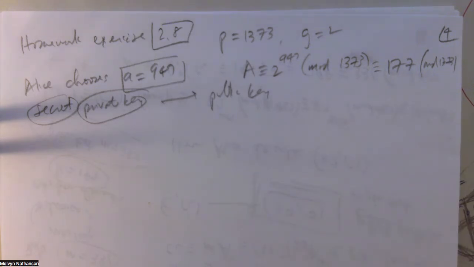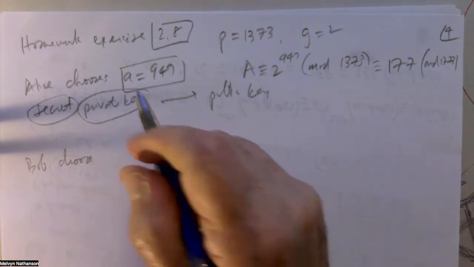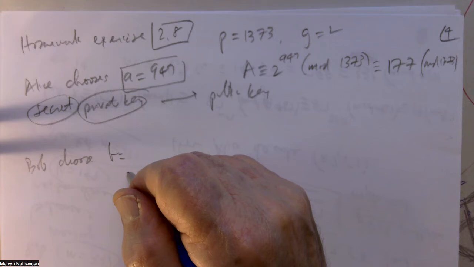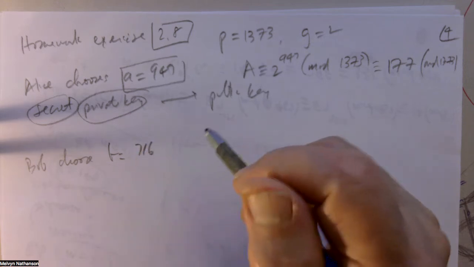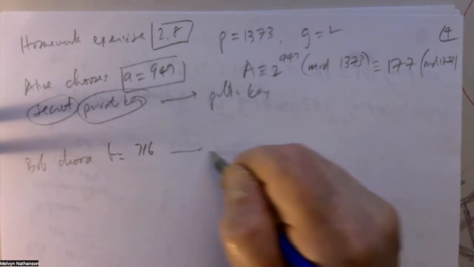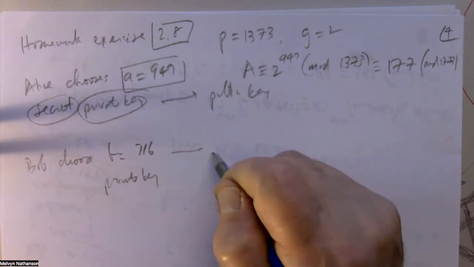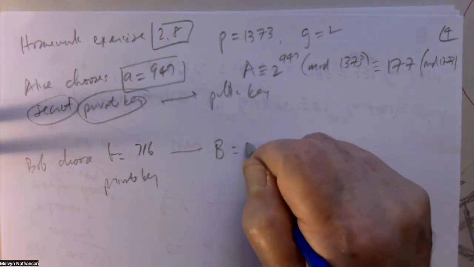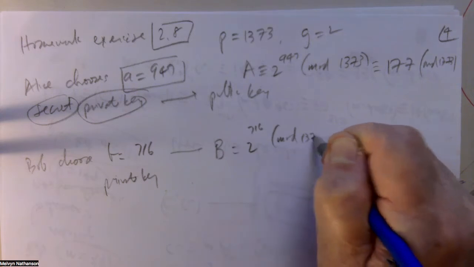Now, Bob also chooses a secret number. His number B that he chooses is 716. That's Bob's private key, and his public key is going to be the number B, which is 2 to the power 716 mod 1373.